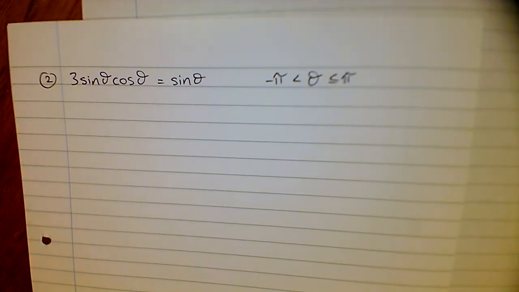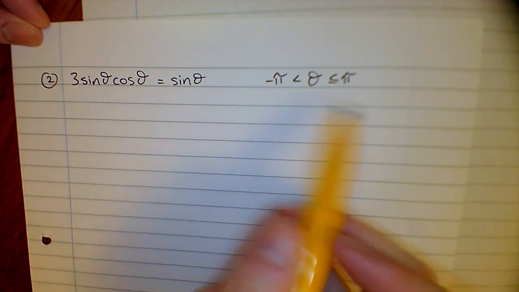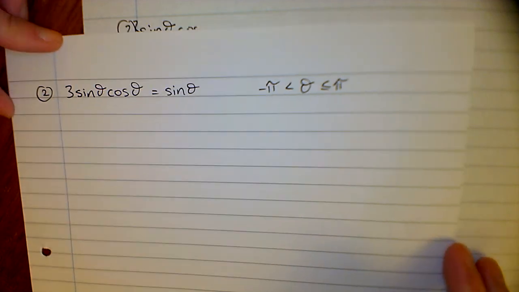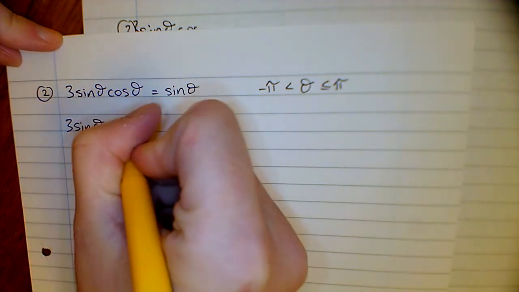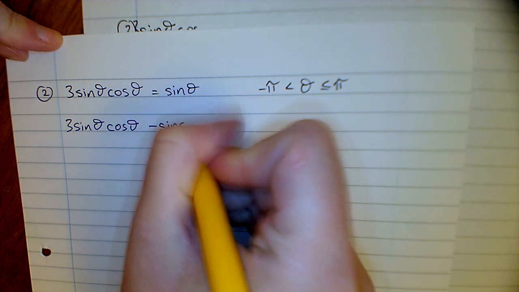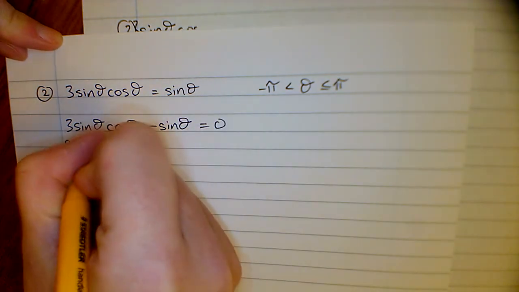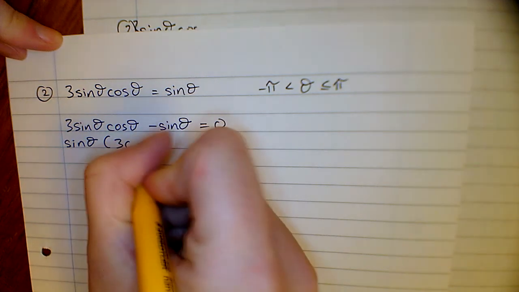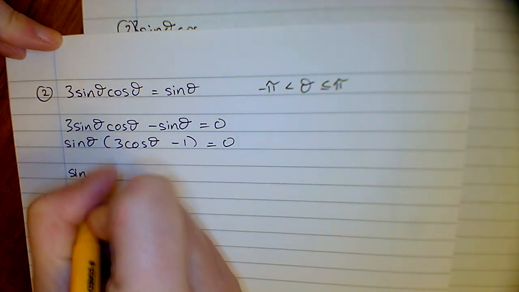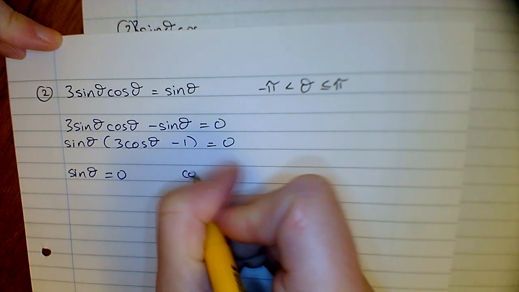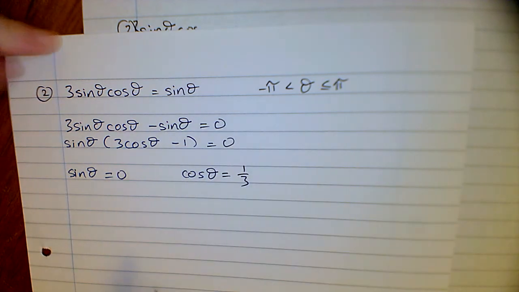Okay, so our second one, 3 sine theta cos theta equals sine theta, between minus pi and pi radians. So the first thing I'm going to do is bring the sine theta across to the left hand side. Then I'm going to factorise. So I get either sine theta equals 0 or cos theta equals 1/3.